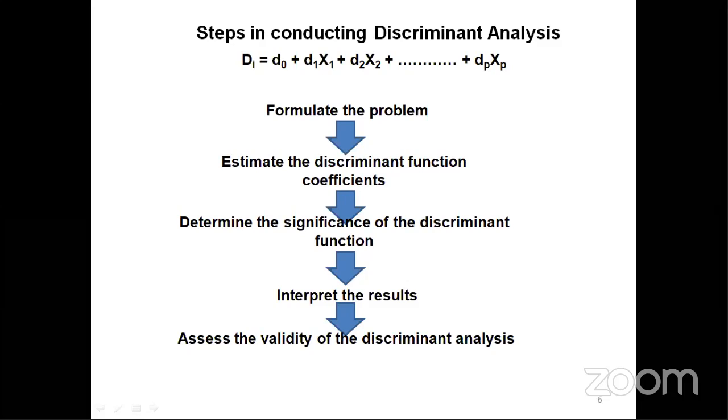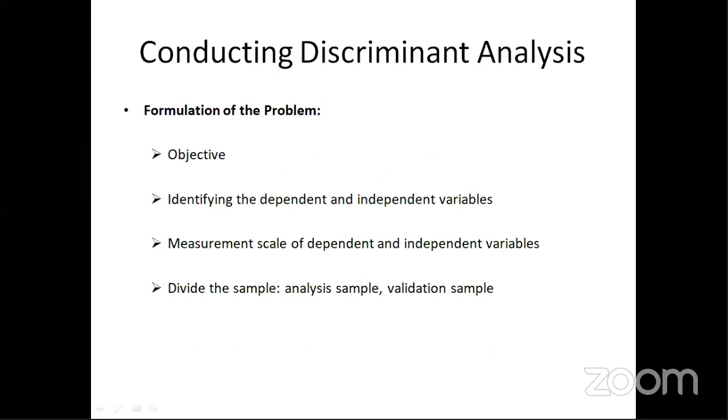So the next step is to estimate the discriminant function coefficient. Then we have to see the significance of the discriminant function, and finally it is very important to give the interpretation of the result. And then we'll see the validity of the discriminant analysis. So these are the important steps for conducting a discriminant analysis. Now we'll discuss one by one.